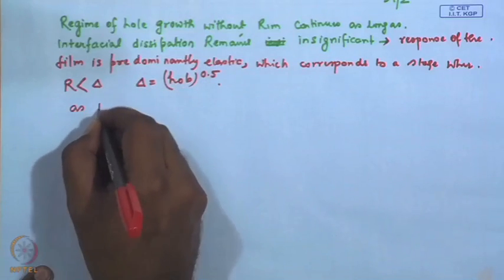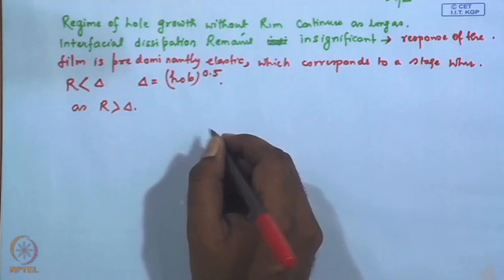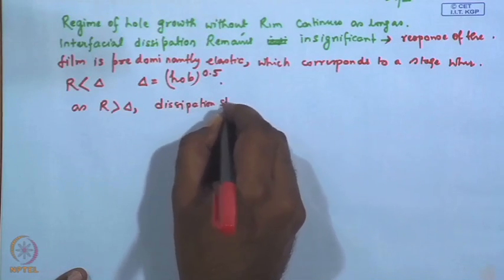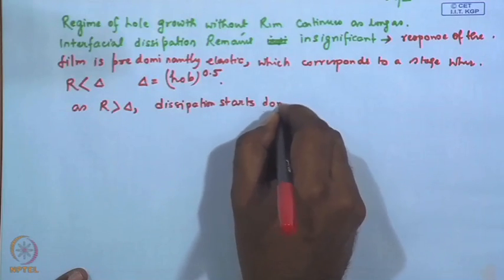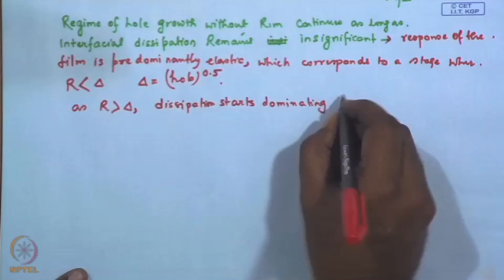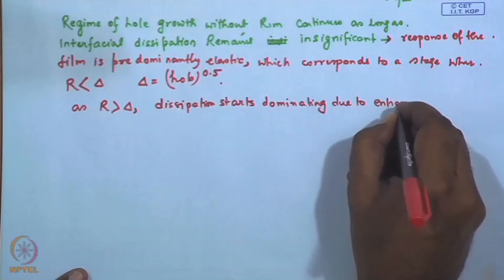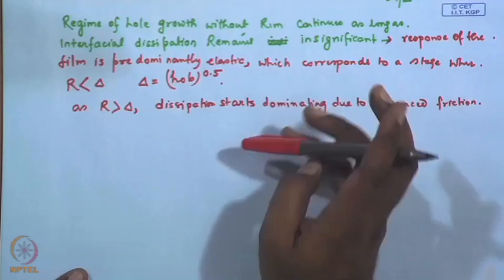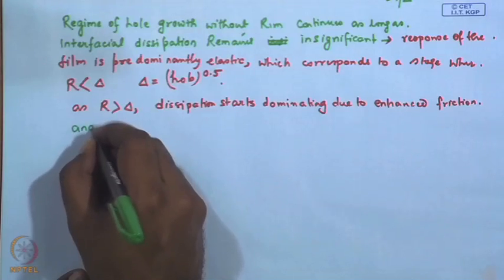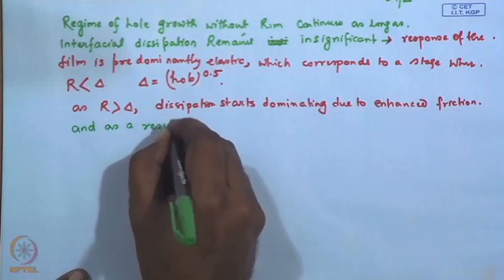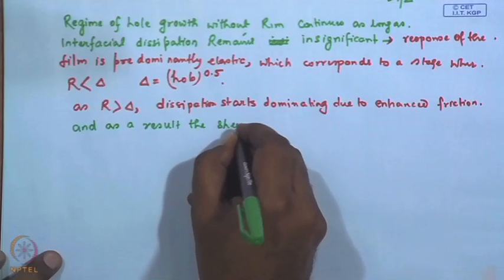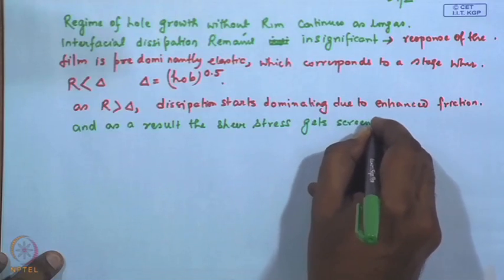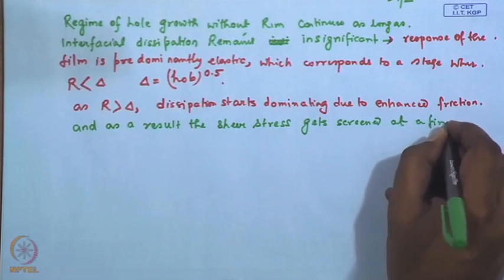Okay. As R exceeds delta, interfacial dissipation starts dominating due to enhanced friction, and as a result the shear stress gets screened at a finite distance.